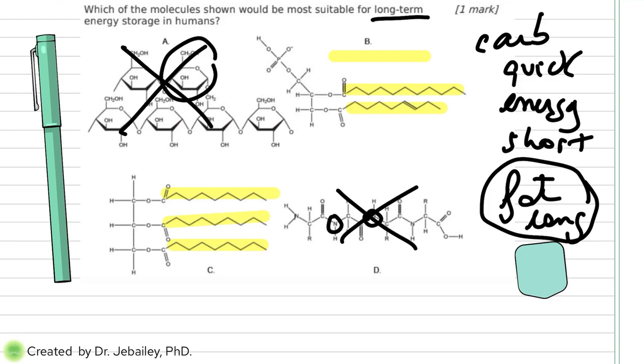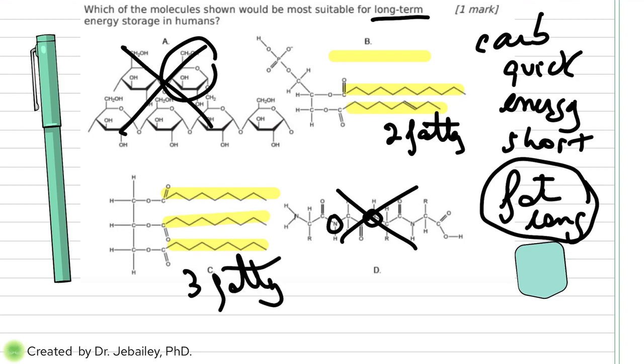It's the one that has more fat, the one that can give you more time energy. Between these two, B only has 2 fatty acids, and this one has 3 fatty acids. So you have to think, the more fat, the more long term. Is it 2 or 3 fatty acids that gives you more energy? Obviously 3, more fat. So C would have been the answer.